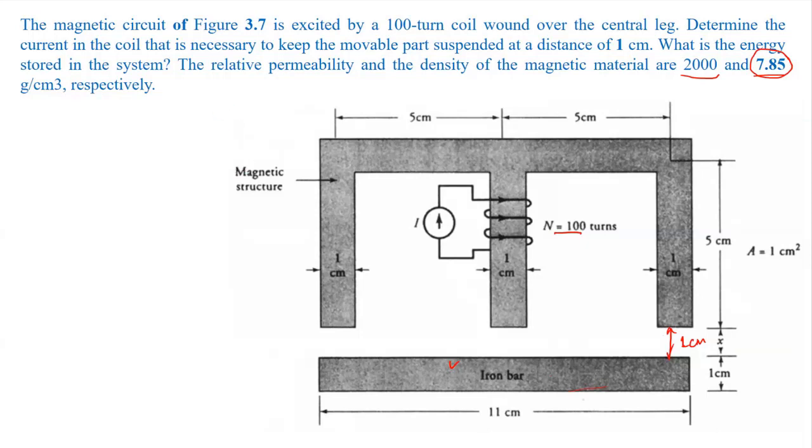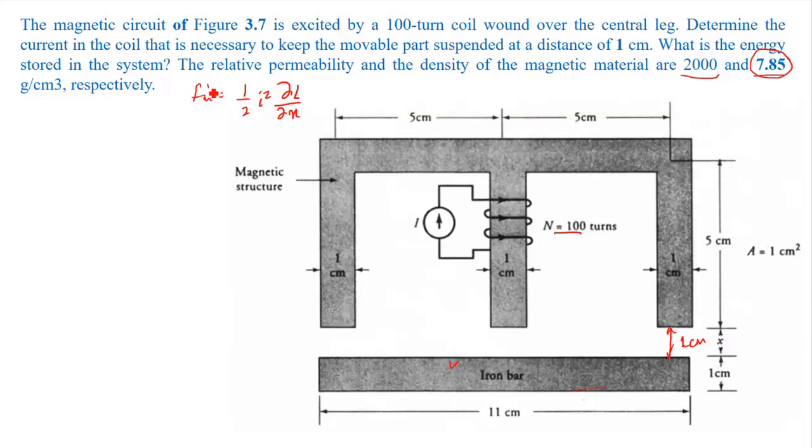And that formula you already know, that the magnetic force is equal to half of I square dL by dx, right? Already we know this. And somehow or other, if we can express this inductance L in terms of x, x is this, right? Then I can find Fm, the force.